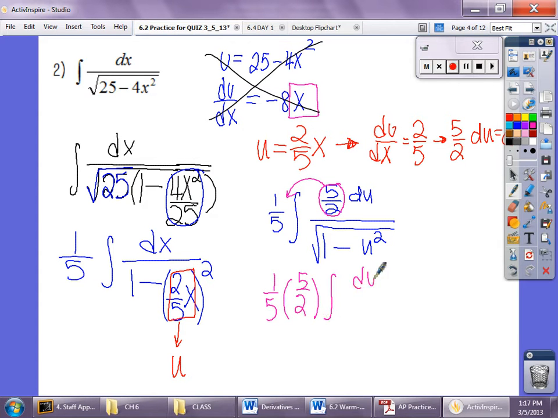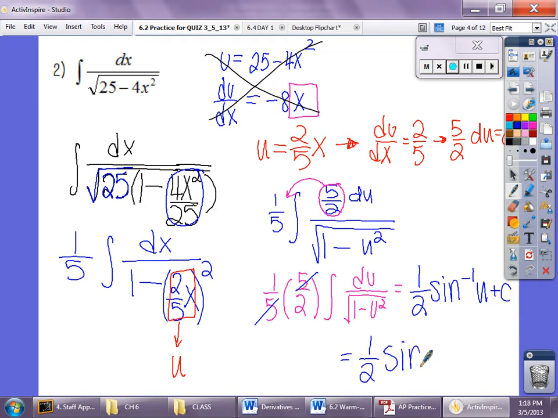Integral of du over square root of 1 minus u squared. And then simplify these 5's. I get 1/2 sine inverse of u plus c. Therefore, my final answer would be 1/2 sine inverse of u, which was originally 2/5 x, and then plus c.